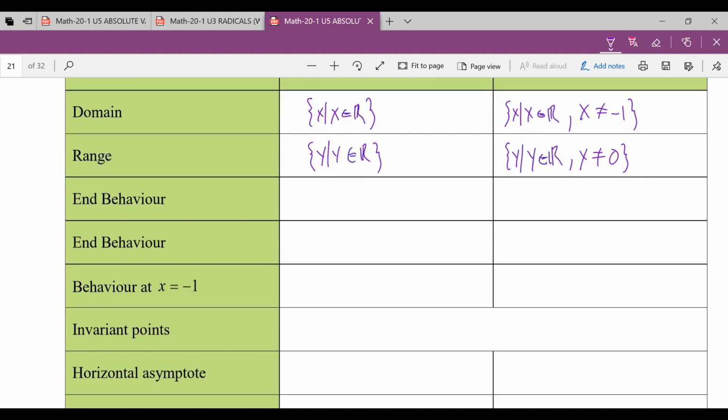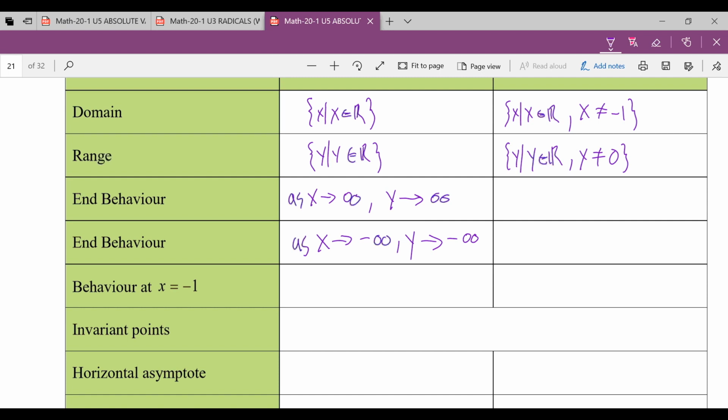End behavior. What we mean by end behavior is what happens as x gets really, really big. So as x approaches infinity, what's going to happen to y? Well, in f of x, the original function, y also approaches infinity. And as x approaches negative infinity, that is on the left side, y also approaches negative infinity.